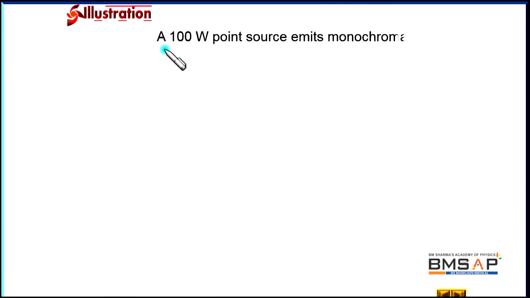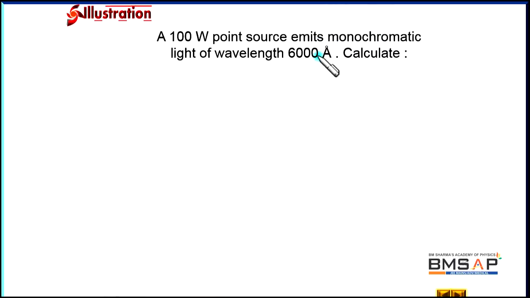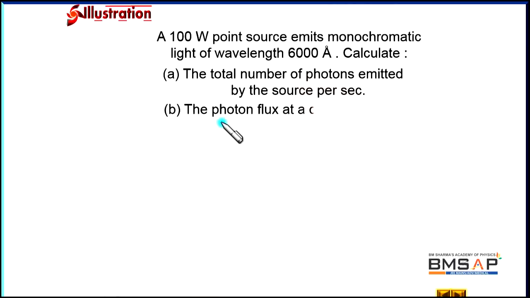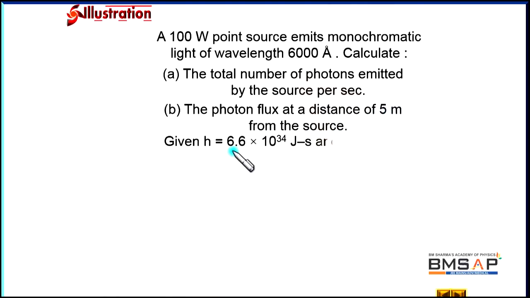In this illustration, it is given a 100-watt point source emits monochromatic light of wavelength 6000 angstrom. Calculate, number 1, the total number of photons emitted by the source per second, and the second part of the question is the photon flux at a distance 5 meter from the source, and we are given the value of small h, that is the Planck constant, and the velocity of light, right.